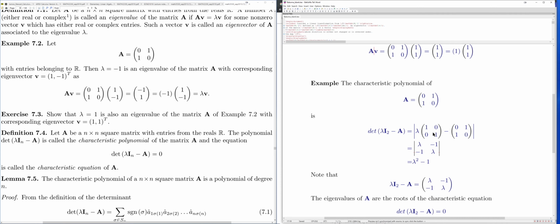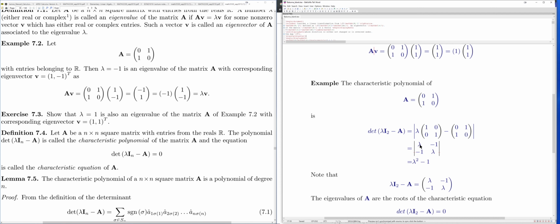Once I have this lambda I_2 minus A, I need to take the determinant of it to find my characteristic polynomial. For these examples, it's probably not a good idea to use something like row reduction because of the variables. It might get somewhat confusing. Because these are relatively small examples, we just calculate the determinant using a cofactor expansion.